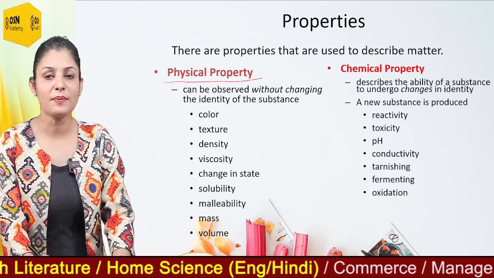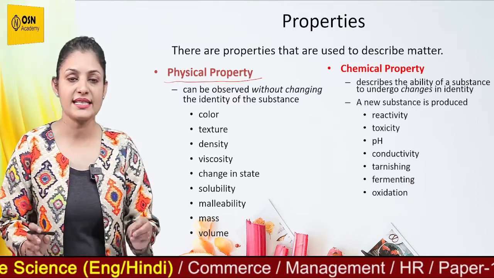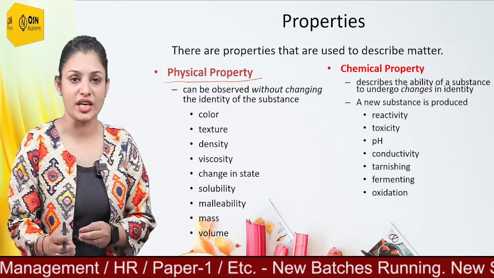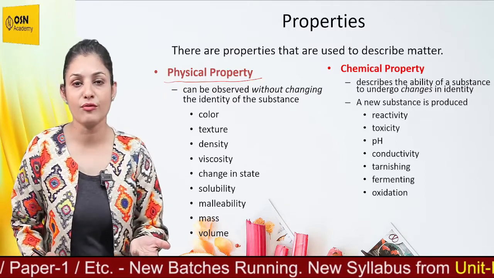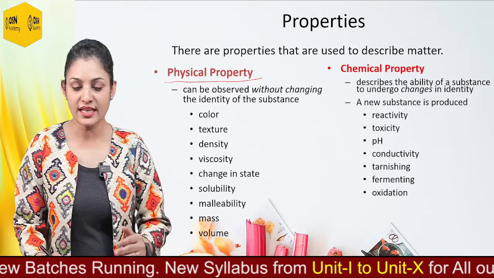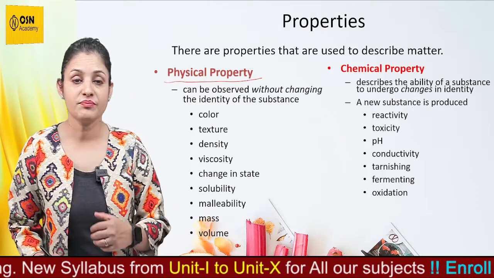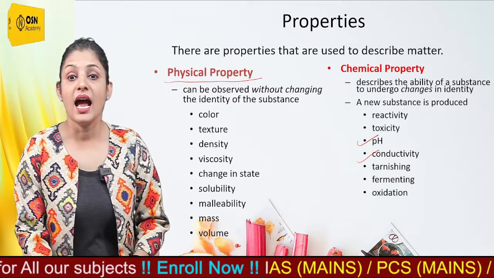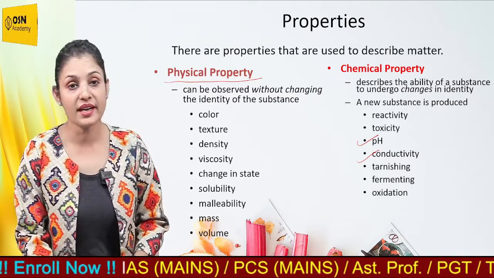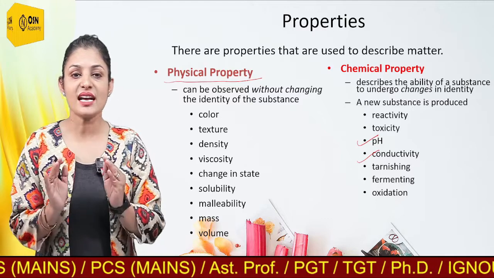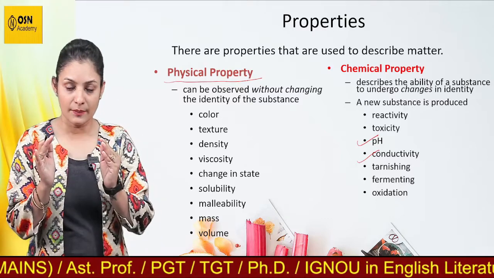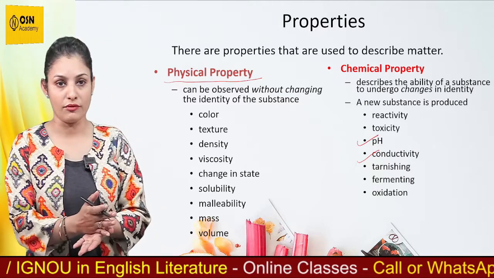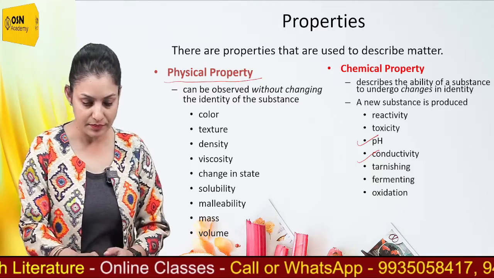Chemical properties mean there is definitely some change, and because of these changes the identity of that food product has changed. What are these? They can be reactivity, toxicity, pH, conductibility, tarnishing, fermenting and oxidation. These are all the properties which change the final food product.